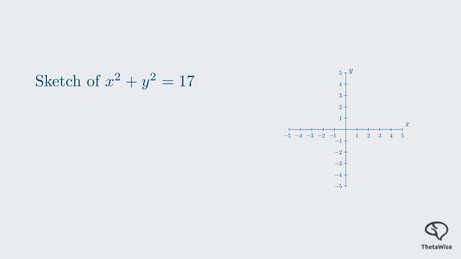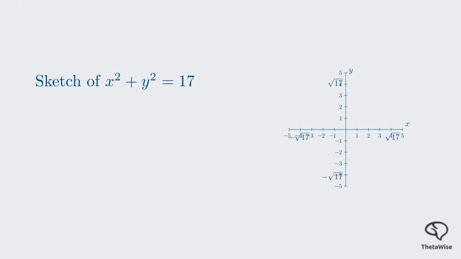The question asks to sketch the graph with the exact value, so we will label our axes with the square root of 17, but we'll use 4.123 to help us position these labels on the number line. Just like before, we start with our Cartesian axes centered at the origin. Our radius is the square root of 17.